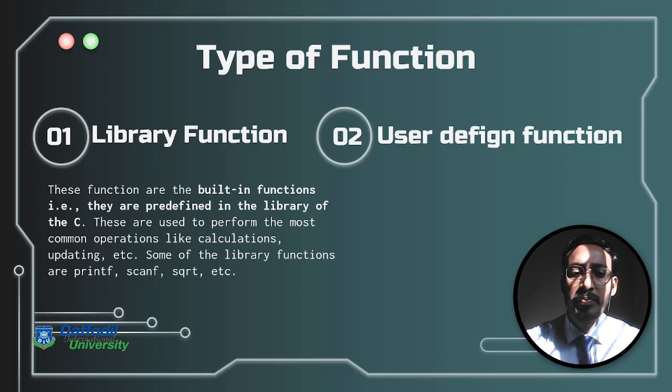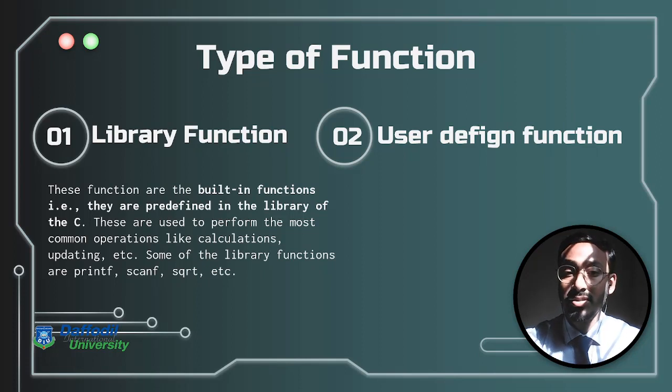They are predefined in the library of C. These are used to perform the most common operations like calculation, updating, etc. Some of the library functions are printf, scanf, sqrt, that means square root, etc.